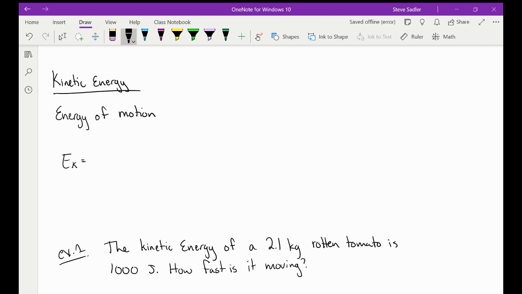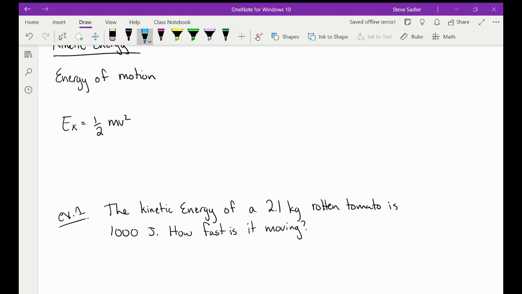The formula for kinetic energy is EK, energy kinetic, equal to 1/2 mv squared, where EK is the kinetic energy in joules, that's just a 1/2, m is mass in kilograms, and v is velocity, and we know velocity is in meters per second.